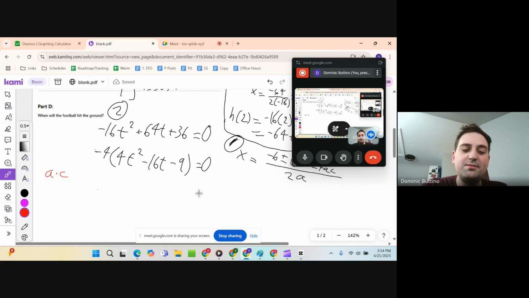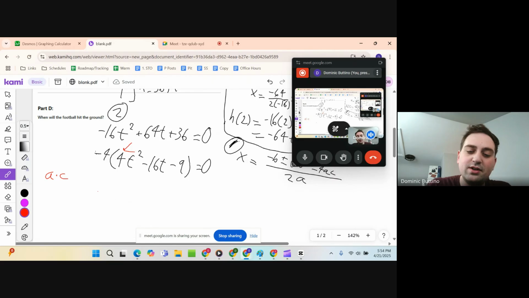So a times c, meaning let's take our 4 and our negative 9 and multiply them together. 4 times negative 9 gives you negative 36. Meaning I need two numbers that multiply to negative 36, and we want them to add up to negative 16.